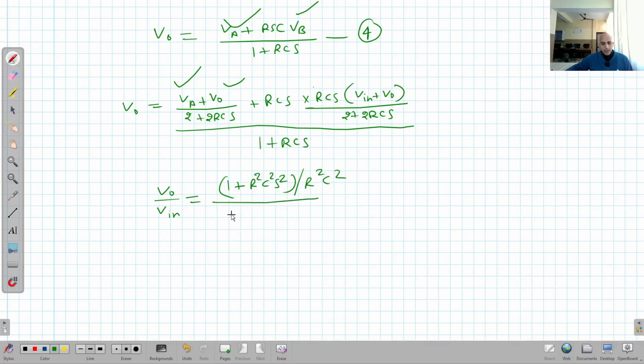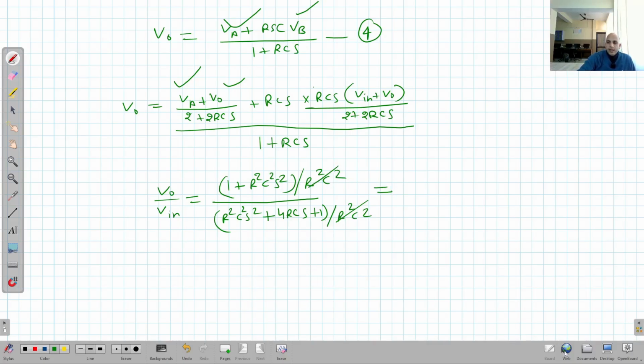Similarly, in the denominator, you get R square C square S square plus 4 RCS plus 1, divided by R square C square. It gets cancelled.